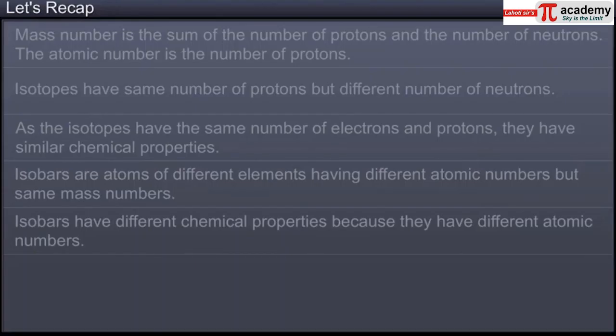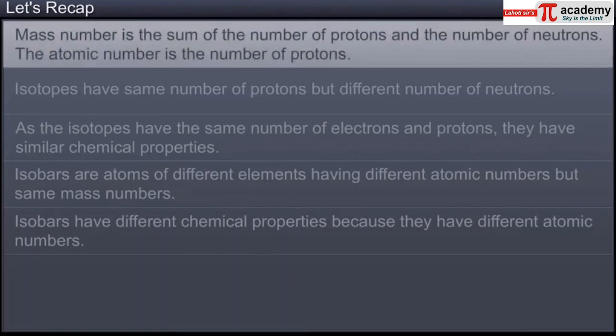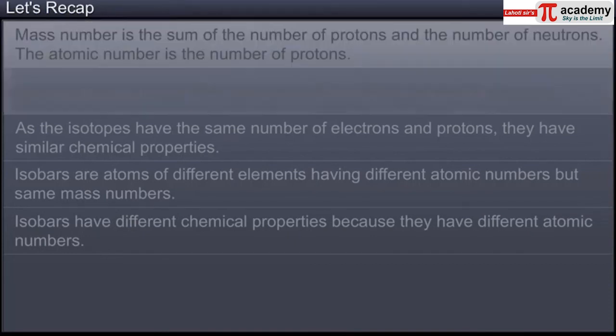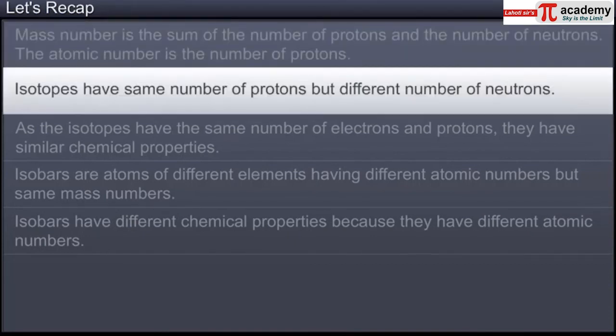You have now reached the end of this module. In this module, you learned that mass number is the sum of the number of protons and the number of neutrons. The atomic number is the number of protons. Isotopes have the same number of protons but different number of neutrons.